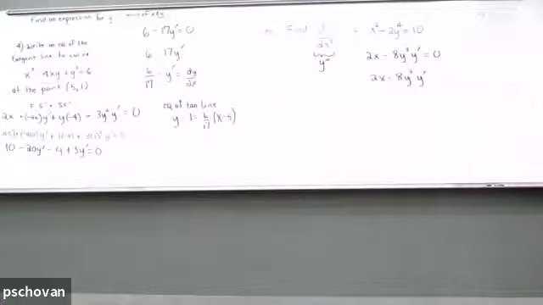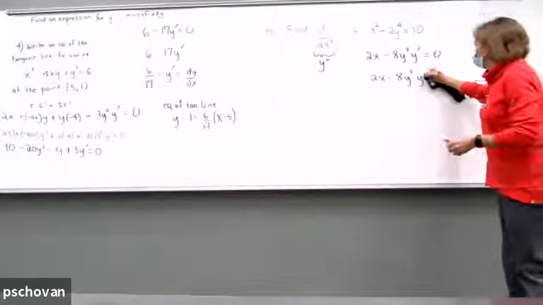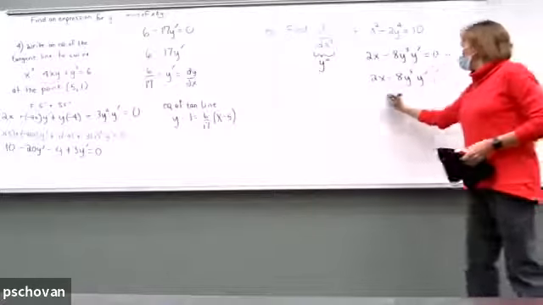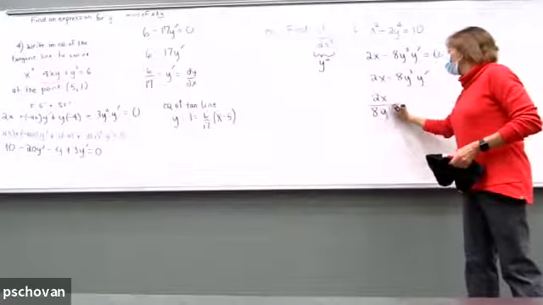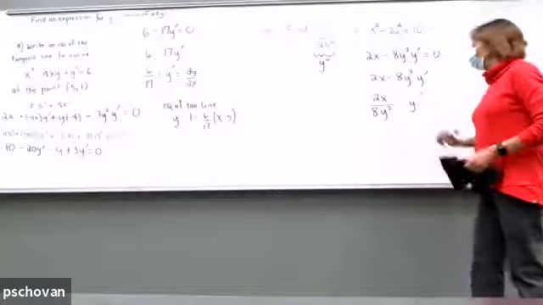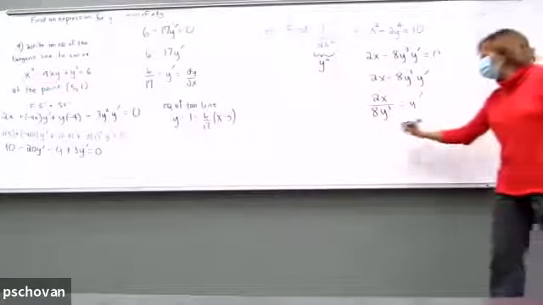And then divide by the 8y cubed. And if you want, you can go ahead and divide 2 into 8 and get 4.